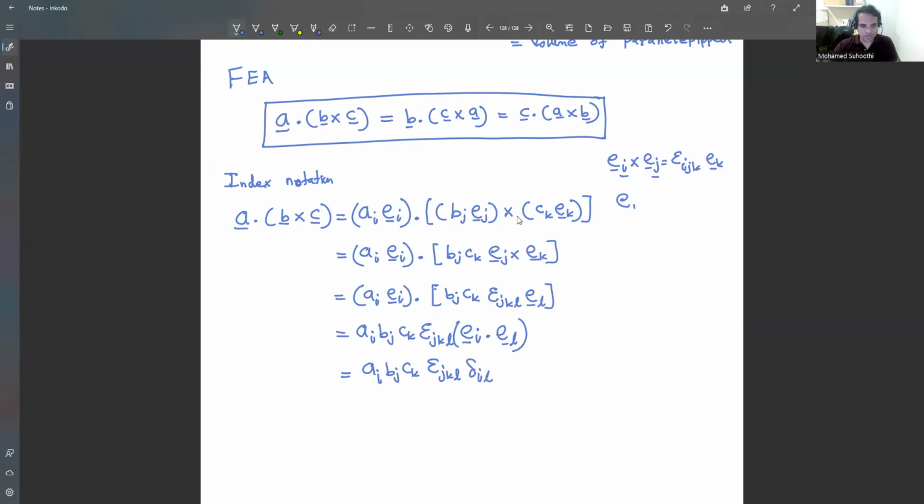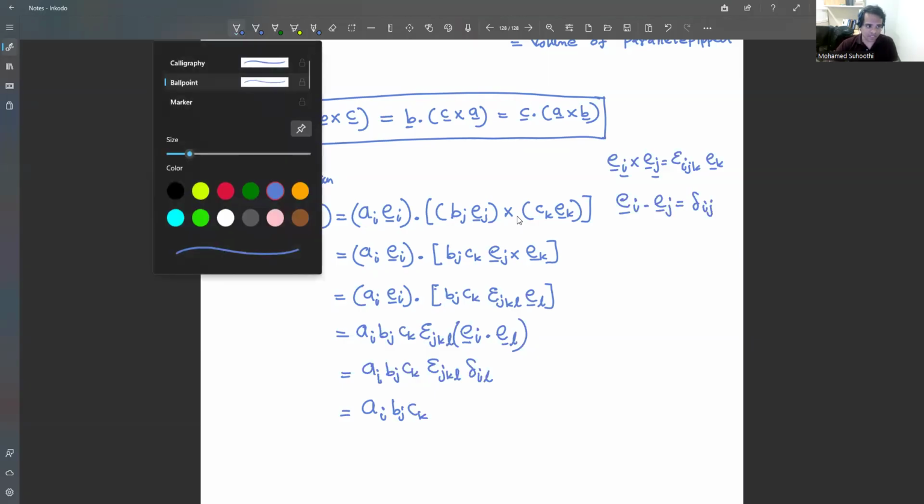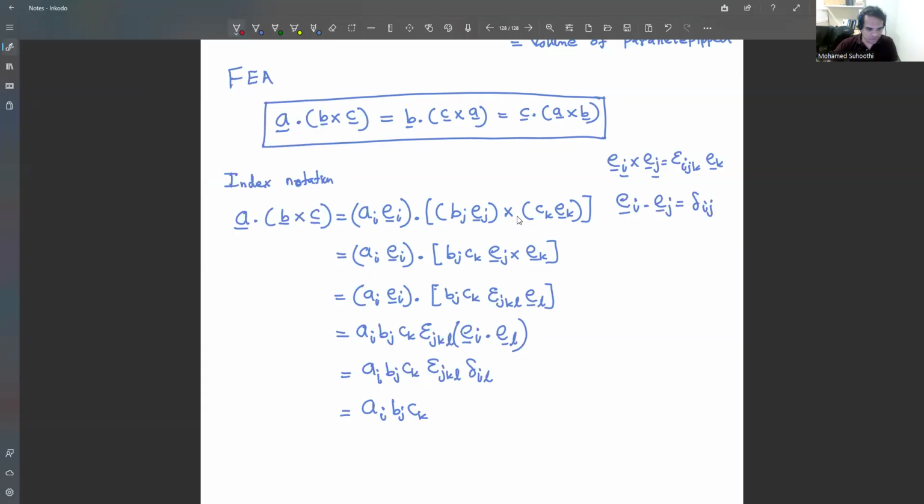I am using this property, delta_ij. What is the Kronecker delta property?